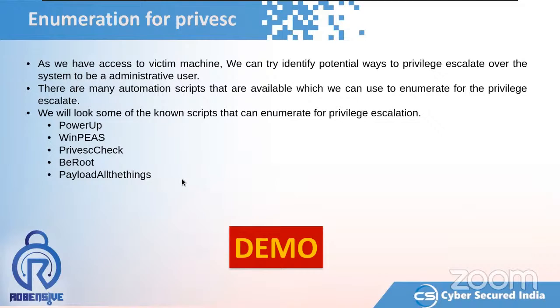Perfect, back. Okay, as we have initial access to the victim machine, we can try to identify potential ways to escalate privileges to an administrative user. The administrative user could be any. We can identify with a couple of commands that I'm going to showcase in a bit. There are many automation scripts available which can be used to enumerate for the privilege escalation task.